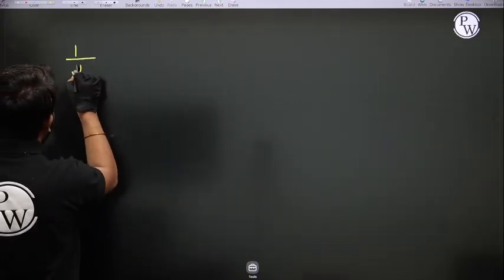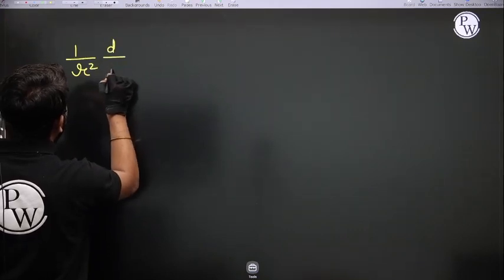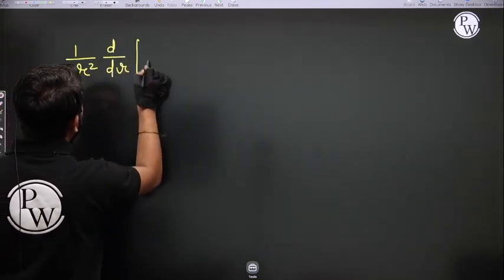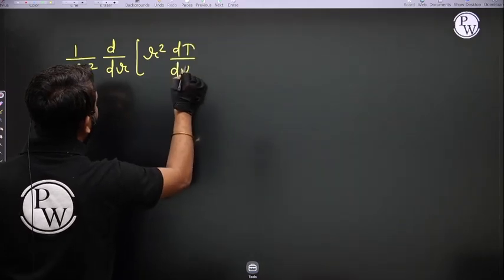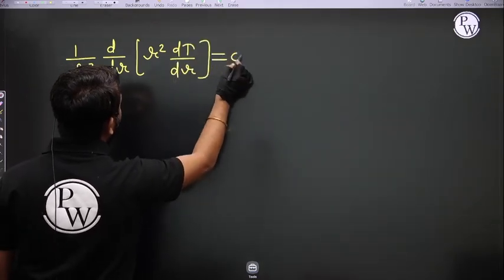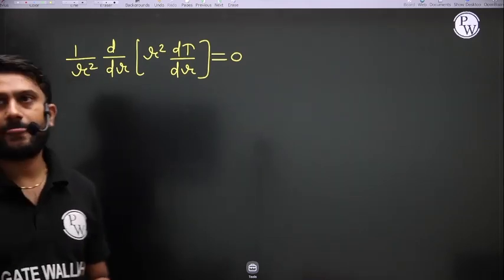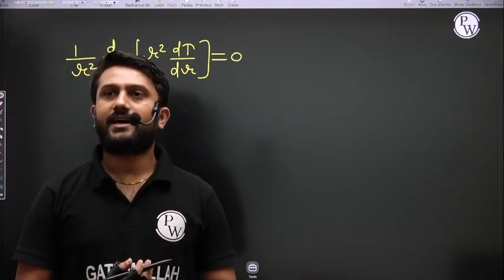So that is 1 by R square d by dr of R square dt by dr, and that is equal to 0. So this is the general heat conduction equation under certain assumptions, right?